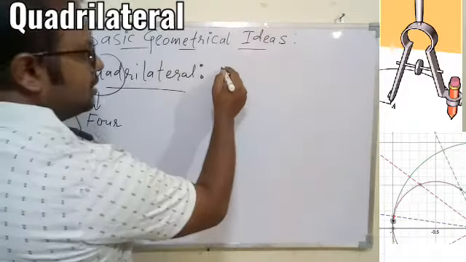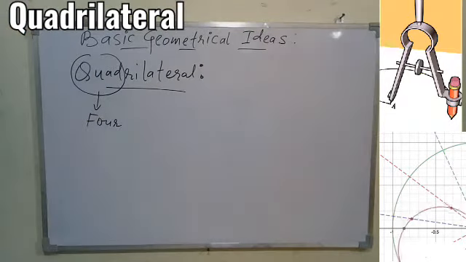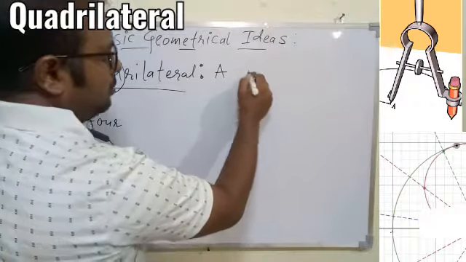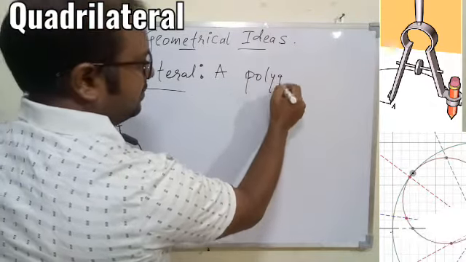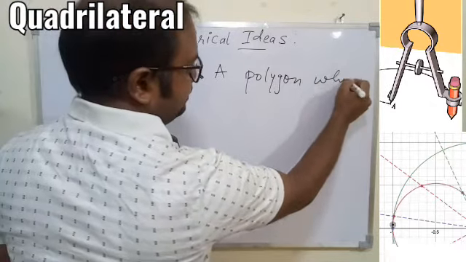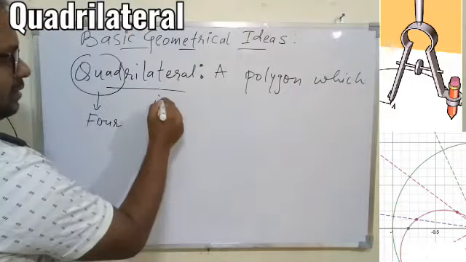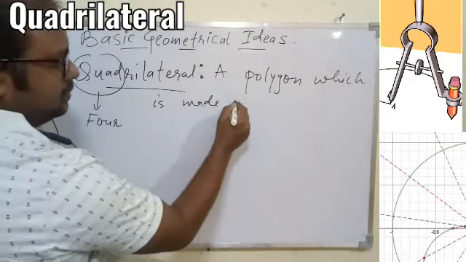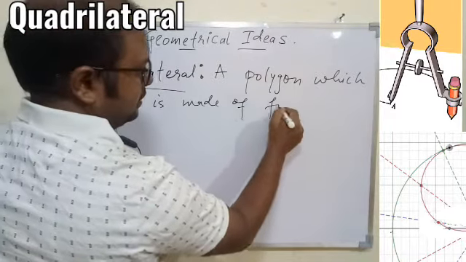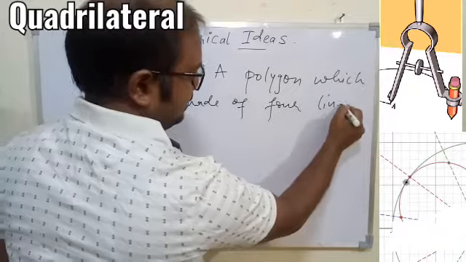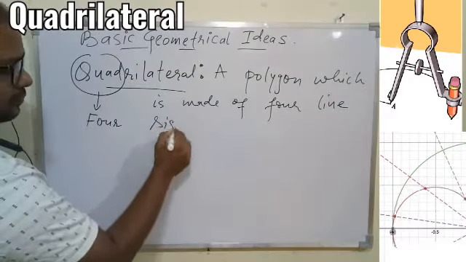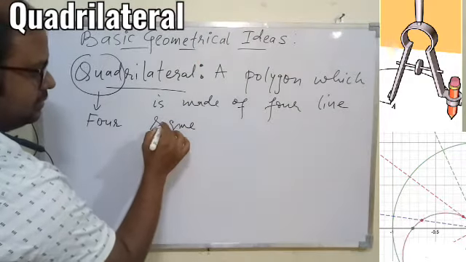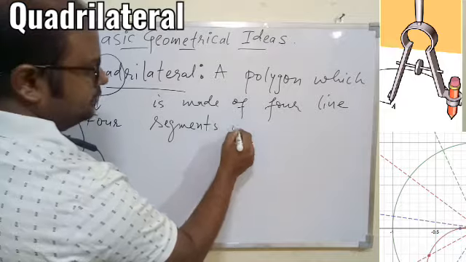So we can say it is a polygon made of 4 line segments only.